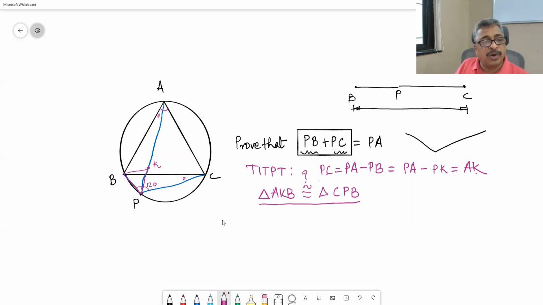Now what else do we want? We want one side. We have already got two angles, and one side is always congruent there. It is an equilateral triangle. So by AAS or SAA, these two triangles are congruent, and therefore AK is equal to CP.